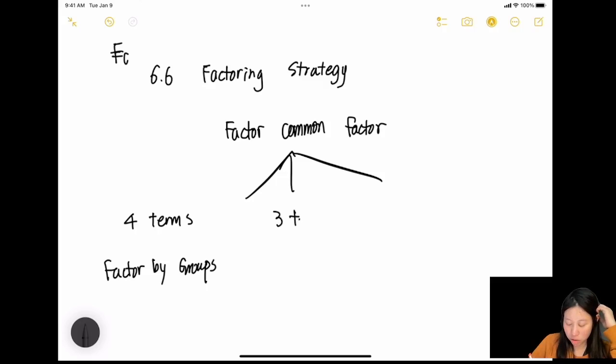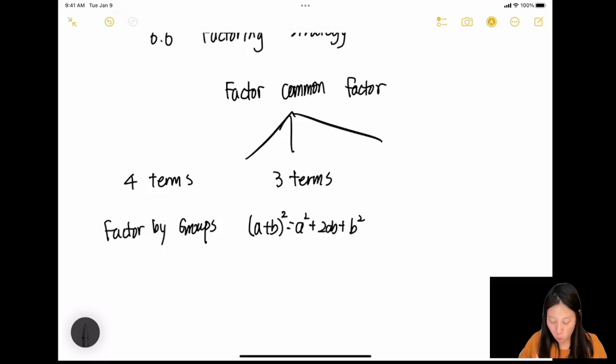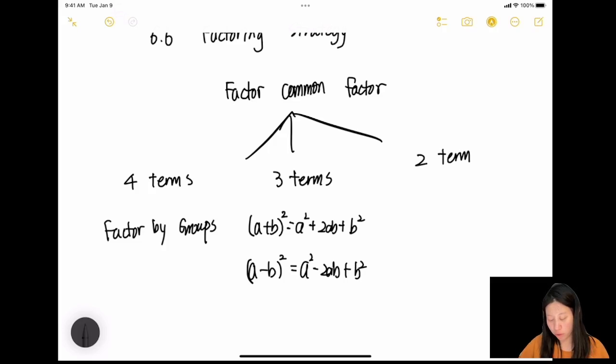If it has 3 terms, we either use (a plus b) squared equals a squared plus 2ab plus b squared, or (a minus b) squared equals a squared minus 2ab plus b squared. For 2 terms, well, 2 terms are easy, so you either have what?